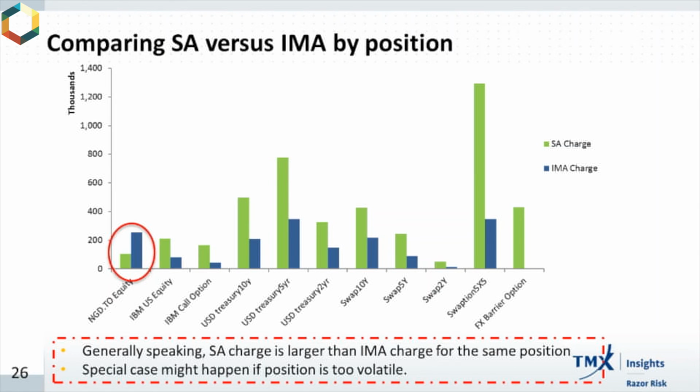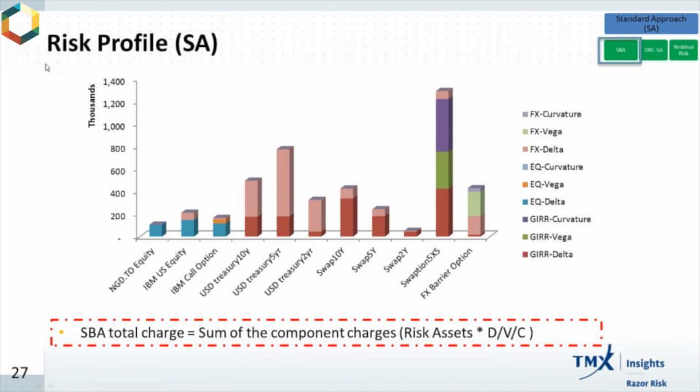And this is the SA risk profile for those positions, decomposed by the risk factor component: equity delta, equity vega, and equity curvature, FX delta, FX vega, and FX curvature, and GIRR delta, vega, curvature.